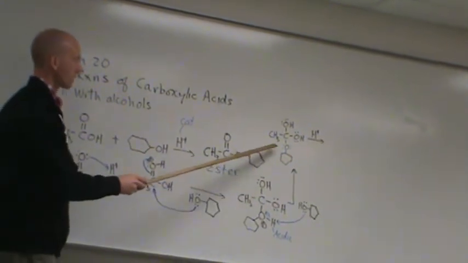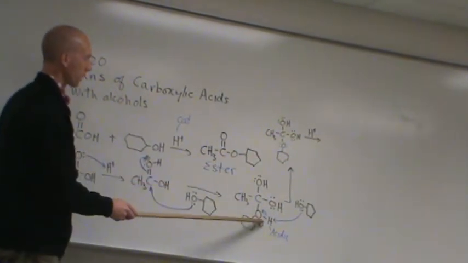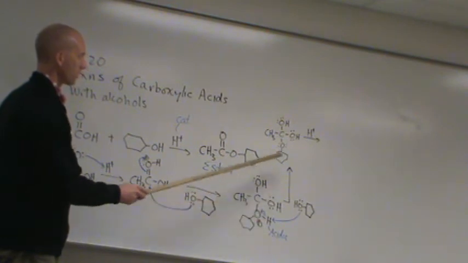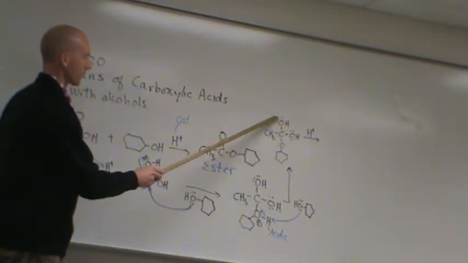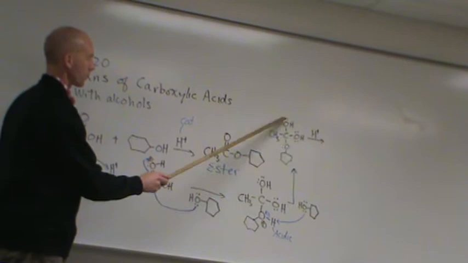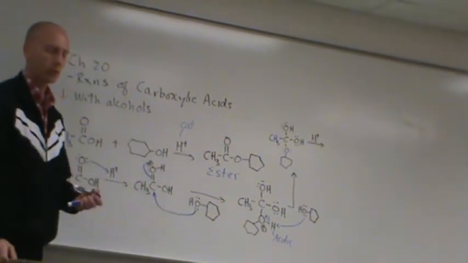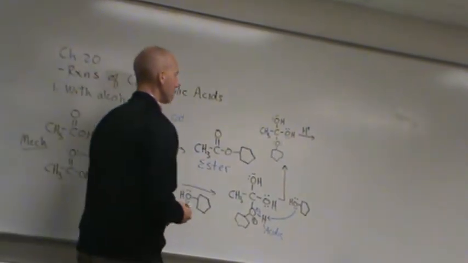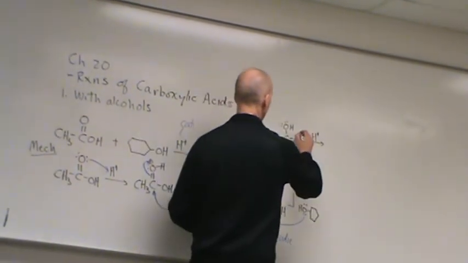If I use this oxygen, I'm going to go backwards. I don't want to do that one. So I can use either one of these. Either one of those oxygens will give us something forward. So let's go ahead and just choose this one.